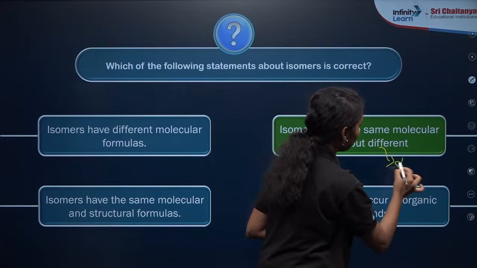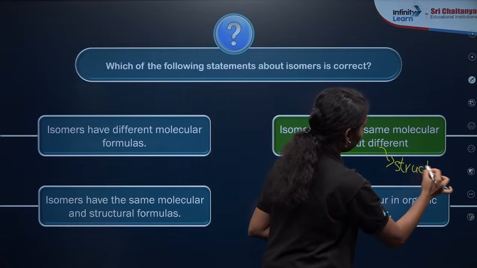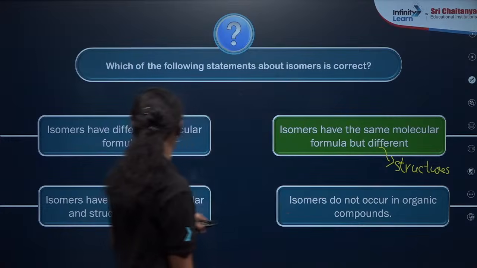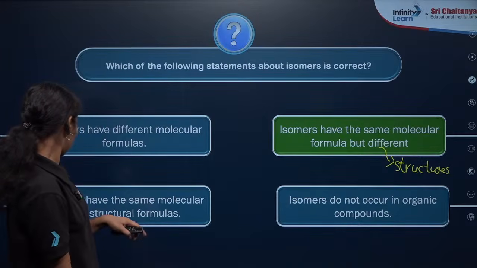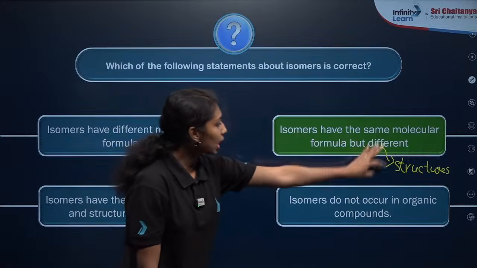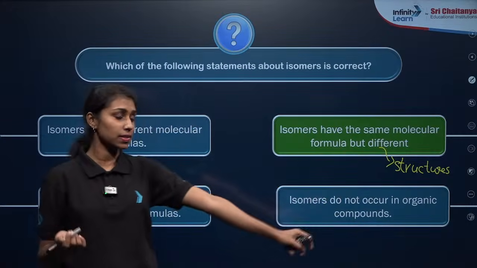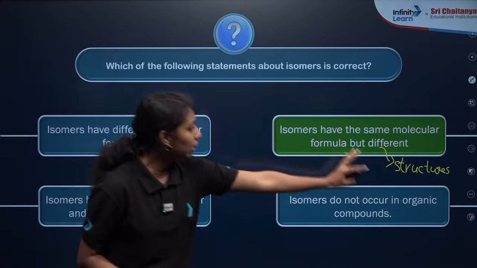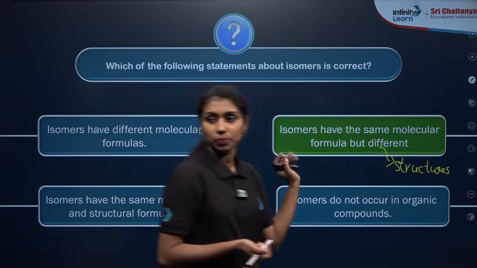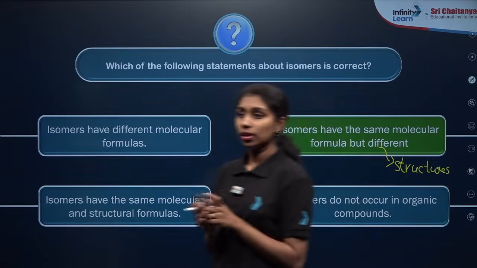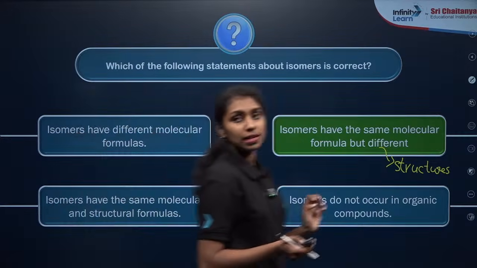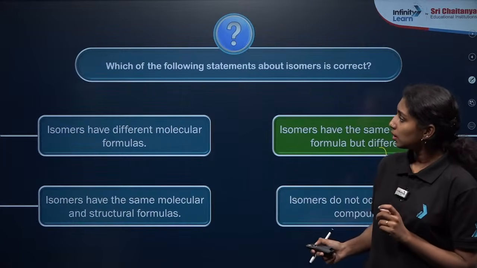The answer is incomplete here. Okay, this is the answer: isomers have the same molecular formula but different structures. So this answer is incomplete here. According to all other options, we can say that option B is our correct answer. Yes, same molecular formula but different structures. So option B will be the correct answer. I hope you understand.